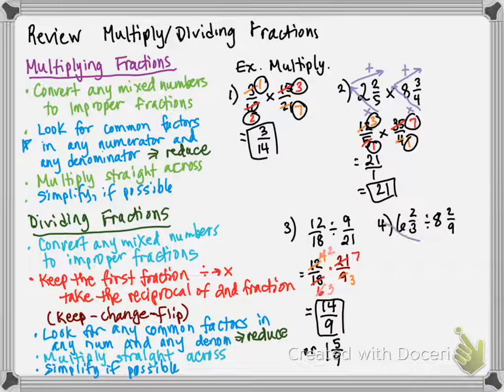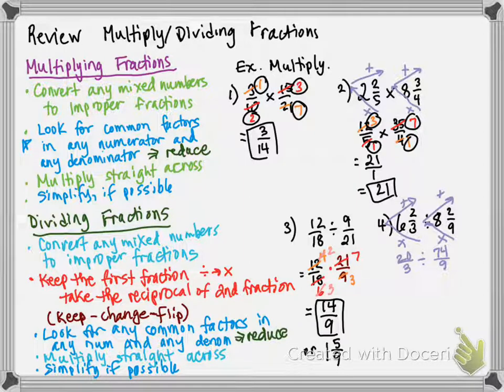So I'm going to do 3 times 6 is 18. 18 plus 2 is 20. So I get 20/3 divided by, 9 times 8 is 72, 72 plus 2 is 74. So I get 74/9. Okay.